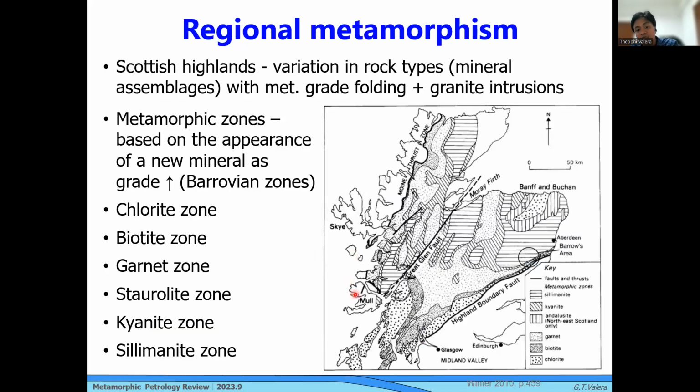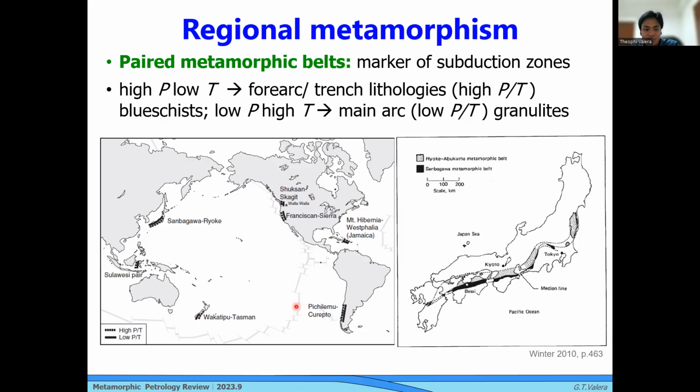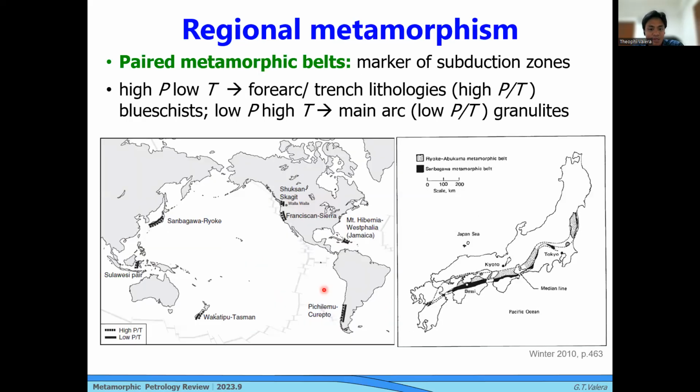A good alternative kasi it is actually more complete in terms of the zonation. So meron siya ng chloritoid zone compared dito sa Sanbagawa na kulang-kulang minsan isograds. Although, mas familiar tayo sa Barrovian series kasi ito yung mas widely publicized. Okay? But anyway, they represent the same thing. The Barrovian series and the Ryoke Abukuma metamorphic belts represent the arc, whereas yung Sanbagawa represent yung subduction zone.